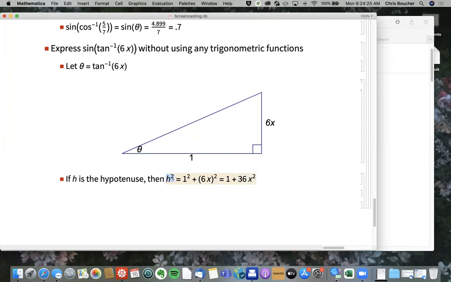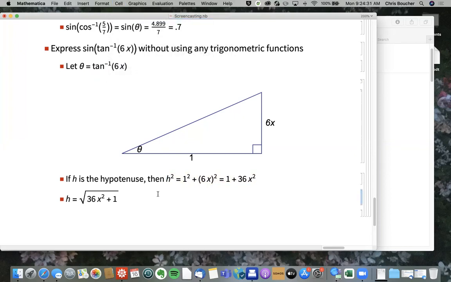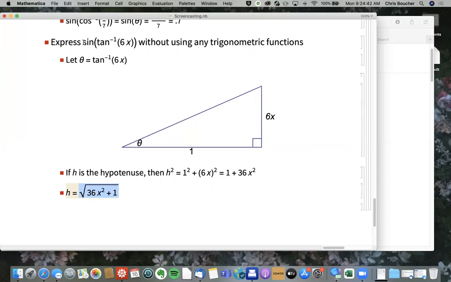Then again, this is equal to h squared, so I'm going to take the square root on both sides to figure out what h is. And I disregard the negative square root, because again, h is a side length, so it's not going to be negative. Okay, so here's my formula for h. I want to find the sine of theta, which is opposite 6x over hypotenuse, which is the h we just found.